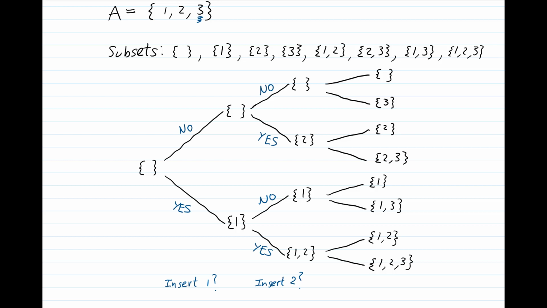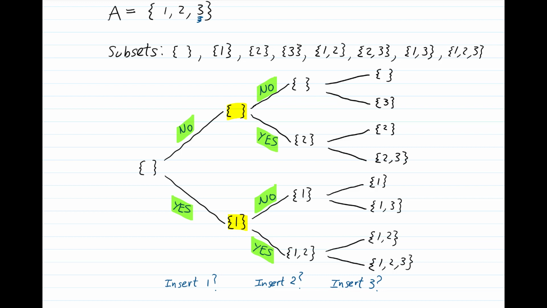For each of these, in other words, for each of those possibilities, there were 2 of those. For each of those 2 possibilities, there are now 2 more possibilities. And so you have 2 times 2. Okay? And then for each of those, you ask the question, should you insert the number 3?